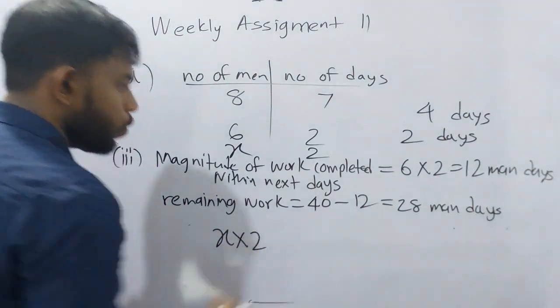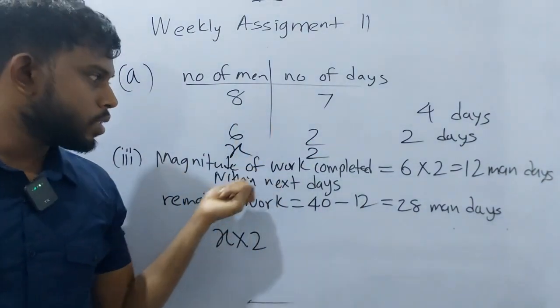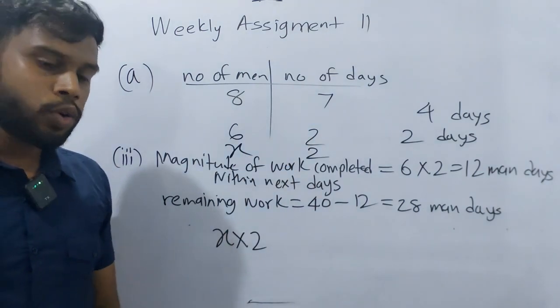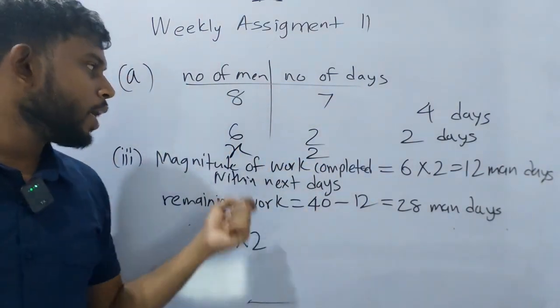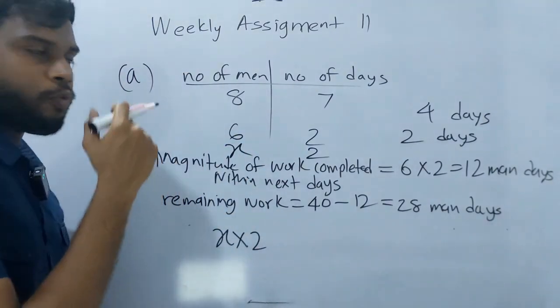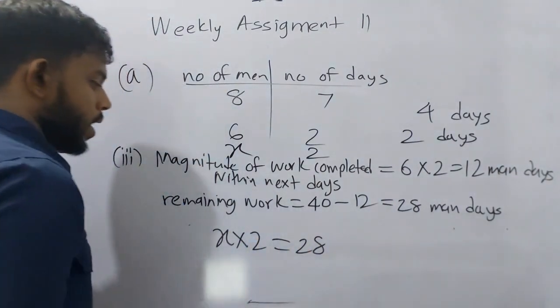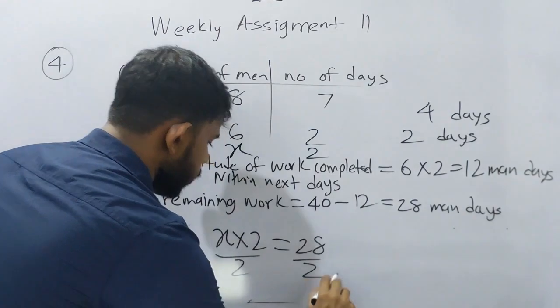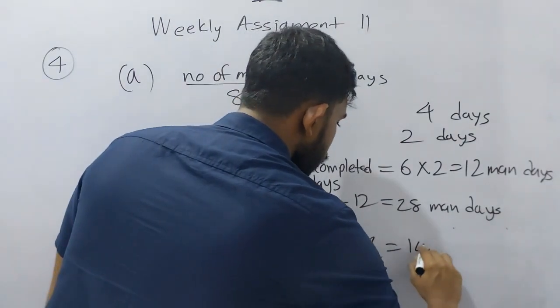X multiplied by 2 is the number of men multiplied by number of days, which gives the magnitude of the work. So 28 man days of work will be completed by x number of men in 2 days. So x into 2 is equal to 28. Then you divide by 2, so finally you will get x is equal to 14.